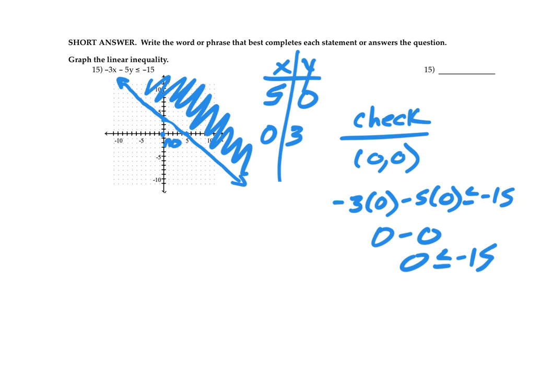So if you solve for y, you might actually see that. You've got to remember, if you solve for y, you have to flip that sign as you do it. You don't necessarily have to solve for y, but if you don't, then you have to check it. You have to plug in a point, (0, 0). As long as the line doesn't go through (0, 0), you can always use (0, 0). If it goes through (0, 0), then that makes it a little bit different. Then you'd have to pick a different point.